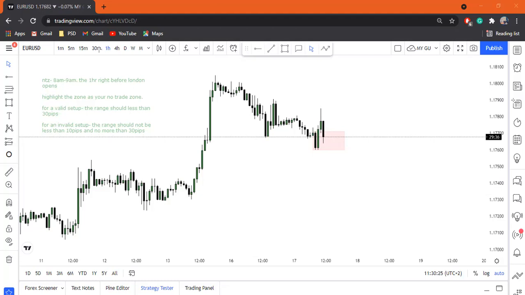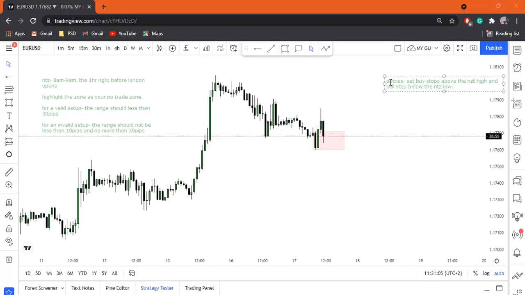So for entries, we're going to say: for entries, set buy stops above. You can maybe say 1 or 2 pips above the no trade zone high, and sell stops below the NTZ low.